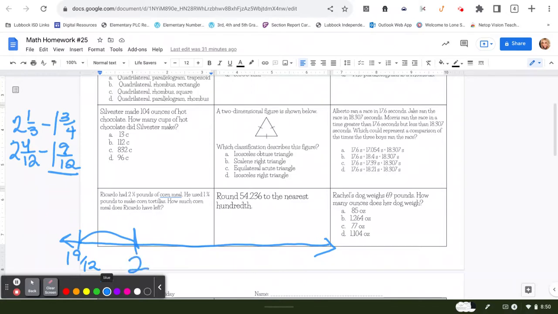Now I need to figure out how far I jumped. If my puzzle has 12 pieces and we've got 9 put together, I need 3 to finish the puzzle. And my denominator never changes. So now I'm going to jump from 2 to 2 4/12 because that's where I'm trying to land. That gives me 4/12. Now I just add these together for a final answer of 7/12.